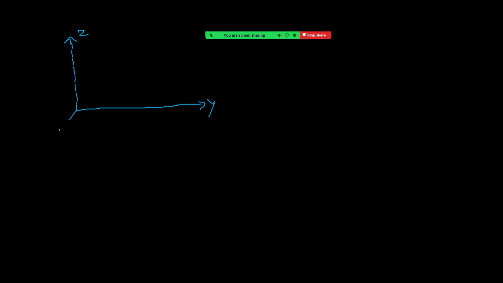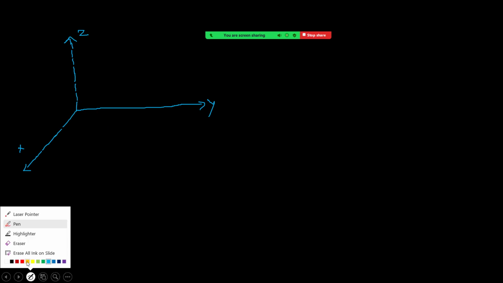And outwards, towards us, is the x axis. Now taking a rectangular loop. The loop is given, the shape is a rectangle. So two sides are parallel to the x axis.